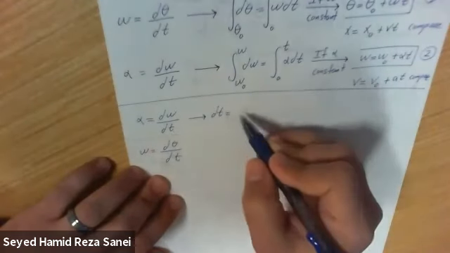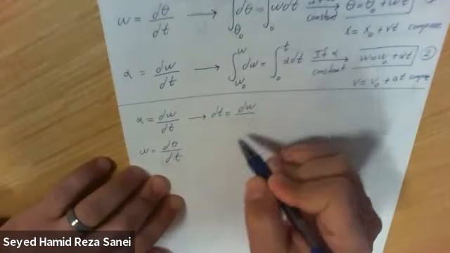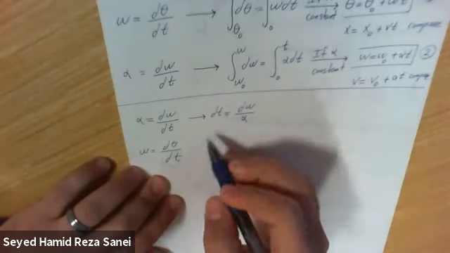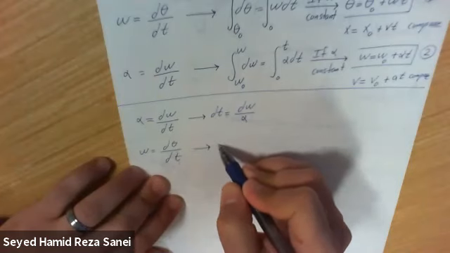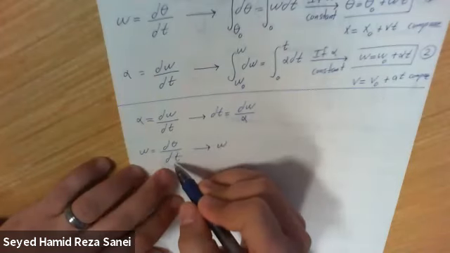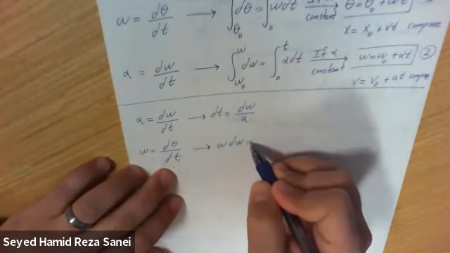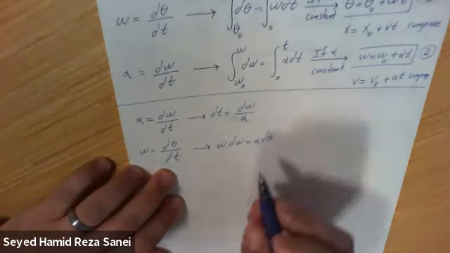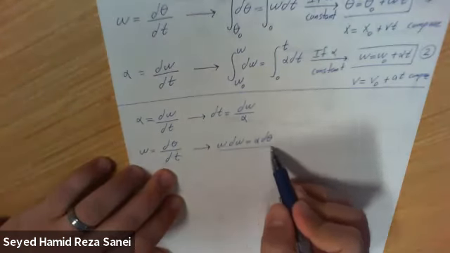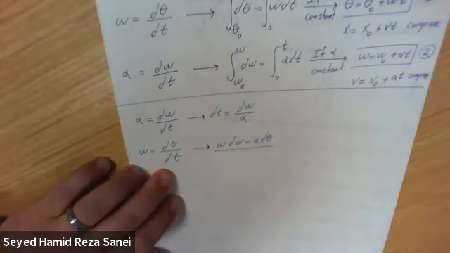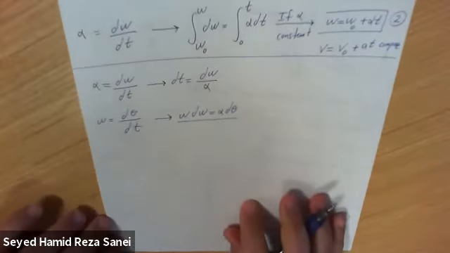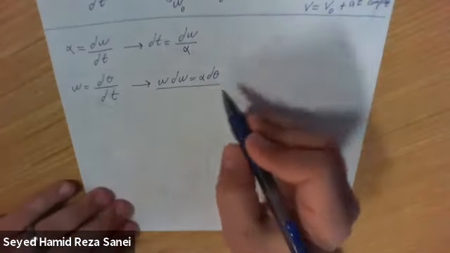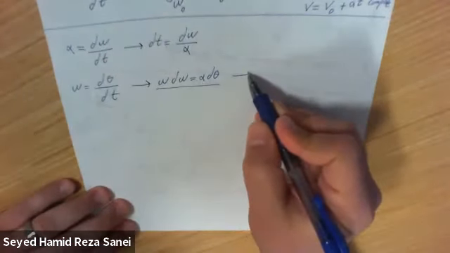So here, dt would be d omega over alpha. If I plug dt over here, omega dt would be d omega, and I move it over there: omega d omega equals alpha d theta. So that's the equation independent of time, and you can see it's in a derivative form. Again, if alpha is constant, I can simplify that.